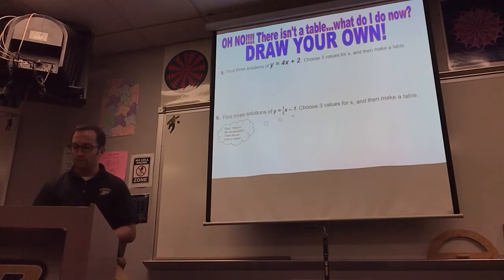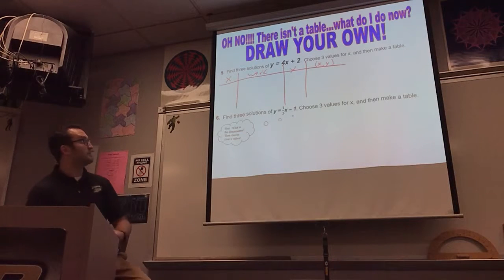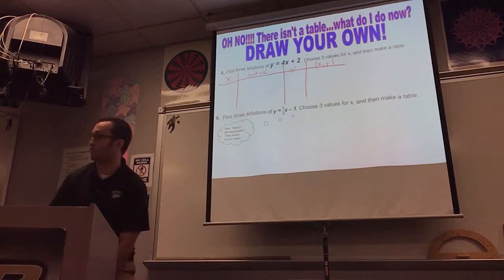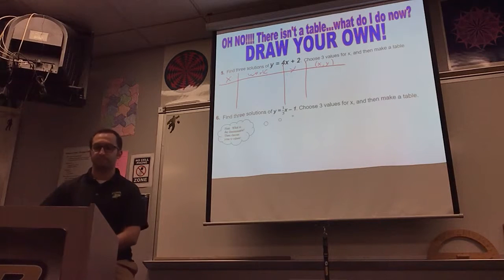You should have the X column, the work column, the Y column, and your XY column. And that is fine. That is great. And we want to have at least 3 points.